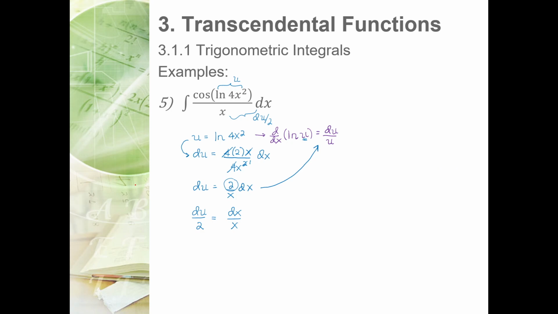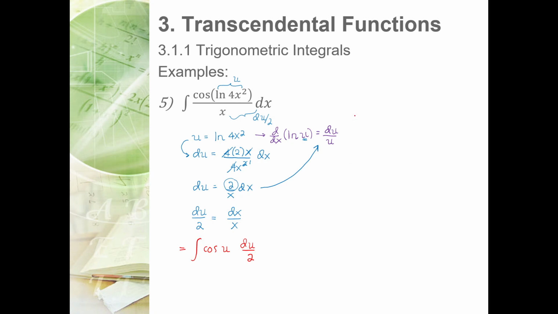Okay, so next we go to the substitution part. The formula now becomes integral of cosine u, and then dx over x is now du over 2. Notice how the equation becomes much simpler compared with the given equation.